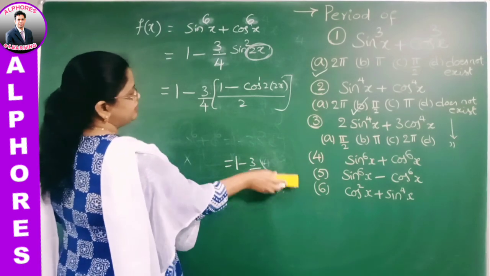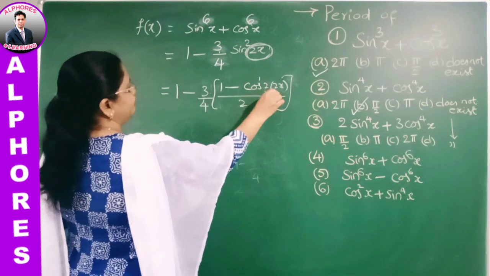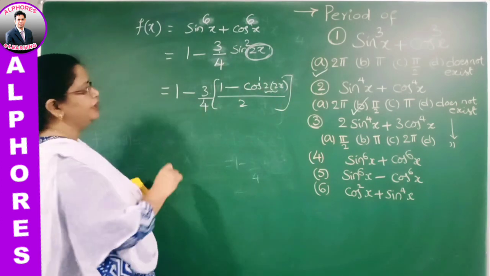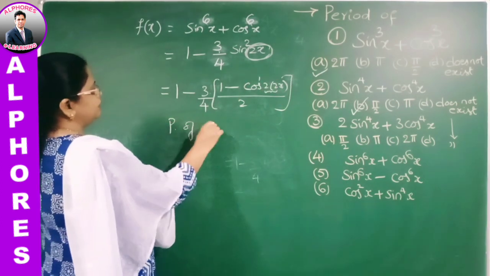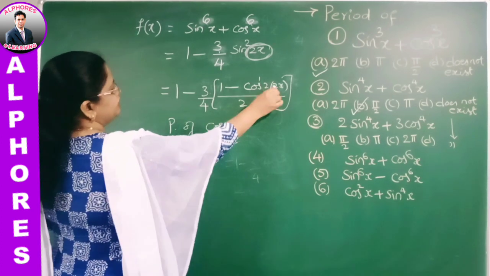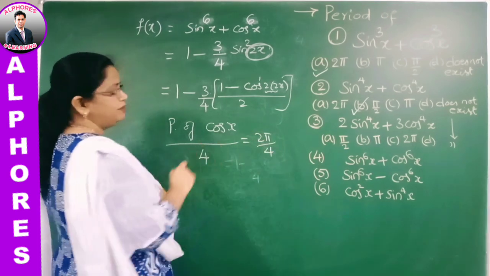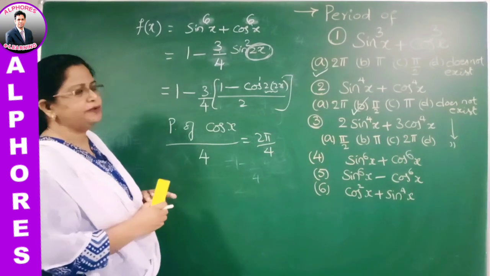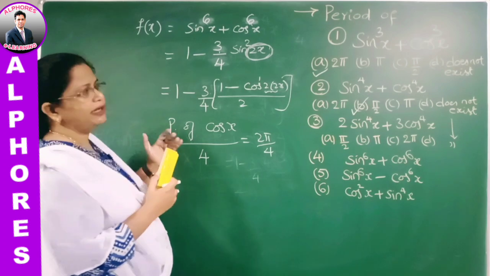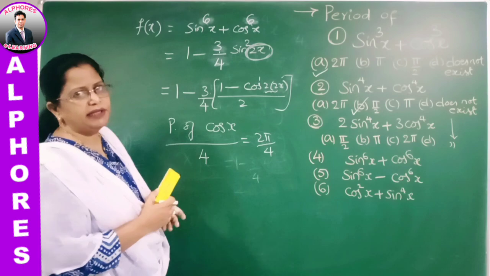Hence students, what about the period here also? It is nothing but 2 pi divided by 4. So the period of the function is the period of the original cos function divided by the x coefficient, which is 4, and hence it is 2 pi divided by 4, therefore it is pi by 2. Therefore, what is our final observation when powers are coming as even powers? Understand?